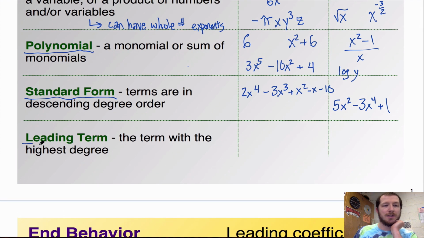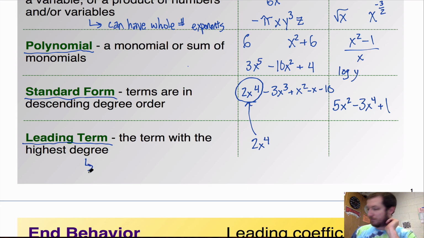Let's look at our next term, the leading term, the term with the highest degree. If we look at our last good example, the leading term is the whole 2x to the 4th monomial. We know that because to find the degree of a monomial, we take the sum of the exponents of the variables.